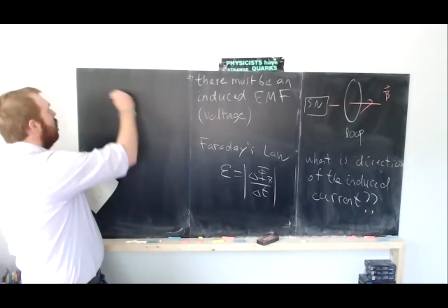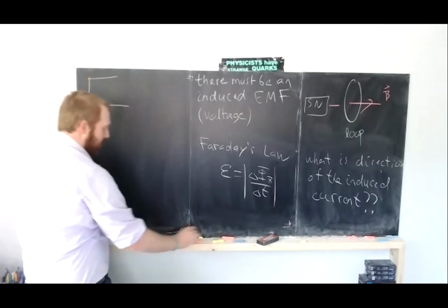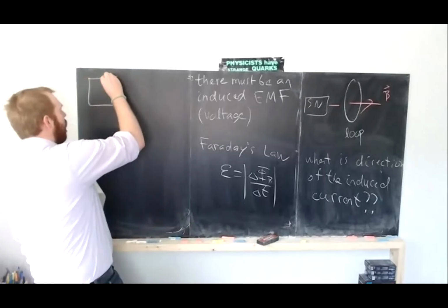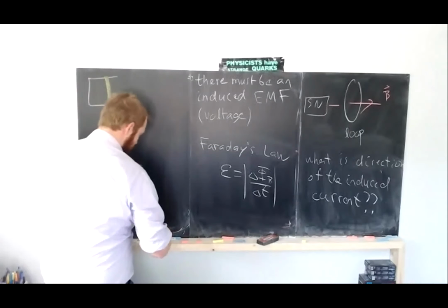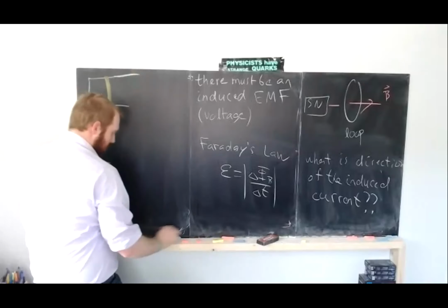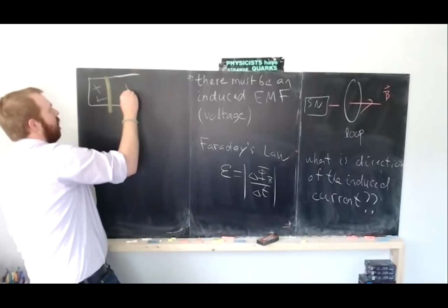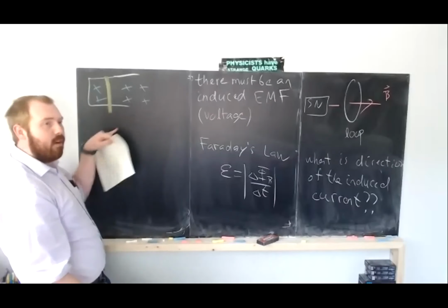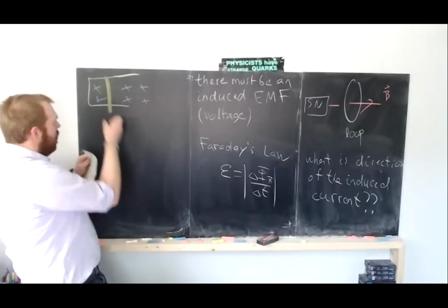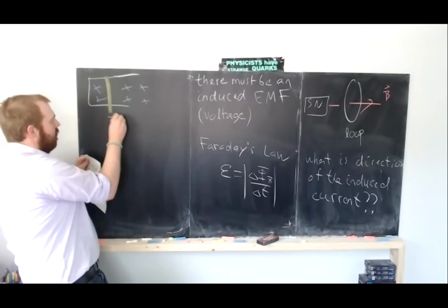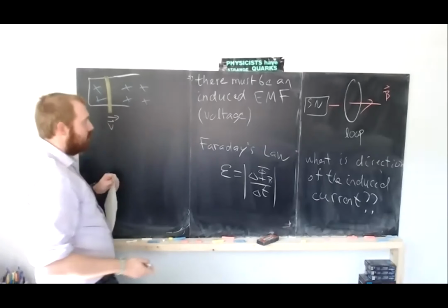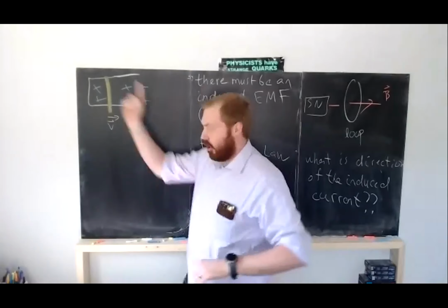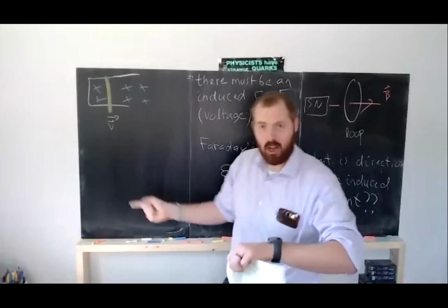And so we said, oh, let's look at this weird example of that slide bar. We said, put a magnetic field in here. I'm not going to go through this one in detail again, just a reminder that we flicked the slide bar, gave it a little V, and then tried to guess, was the current clockwise or counterclockwise?